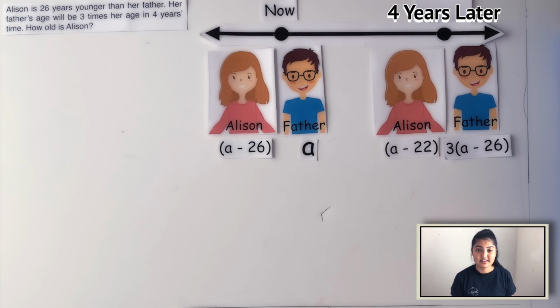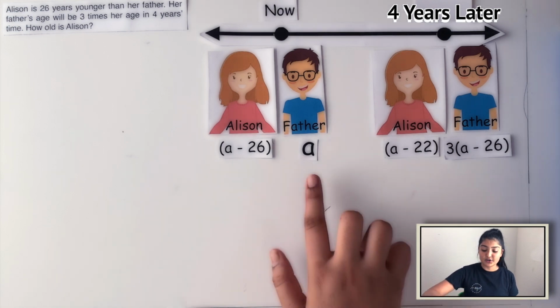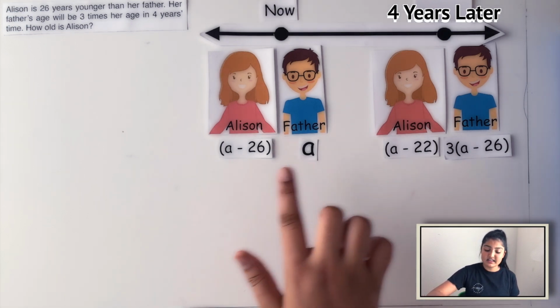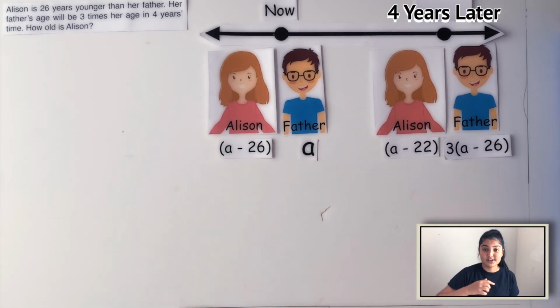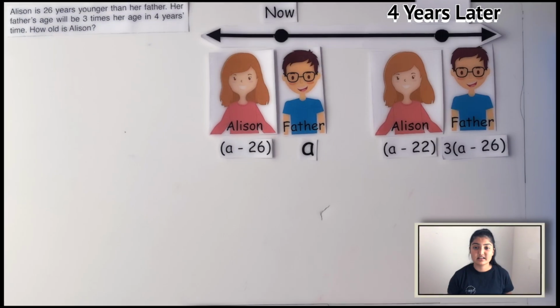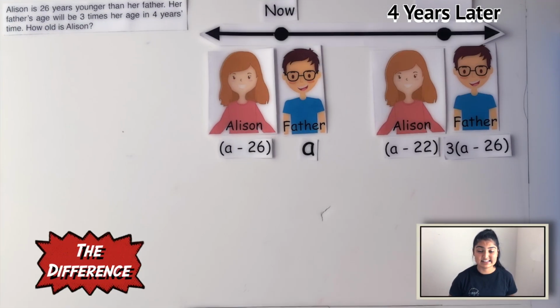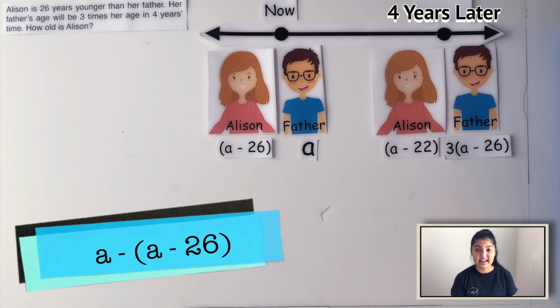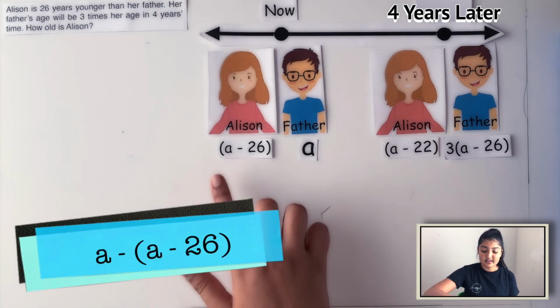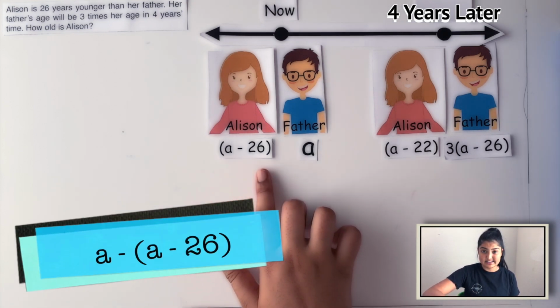So, to set up an equation, let's start by finding the difference between her father's age and Alison's age now. Well, the difference is A minus 26.